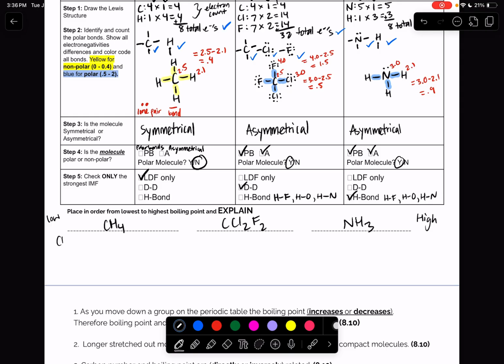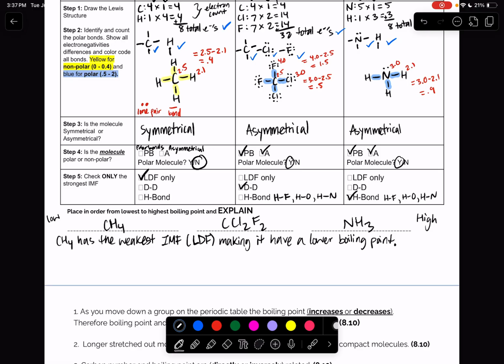So CH4 has the weakest IMF, which stands for intermolecular force. And I'm going to put in parentheses which IMF it has, LDF, making it have a lower boiling point.